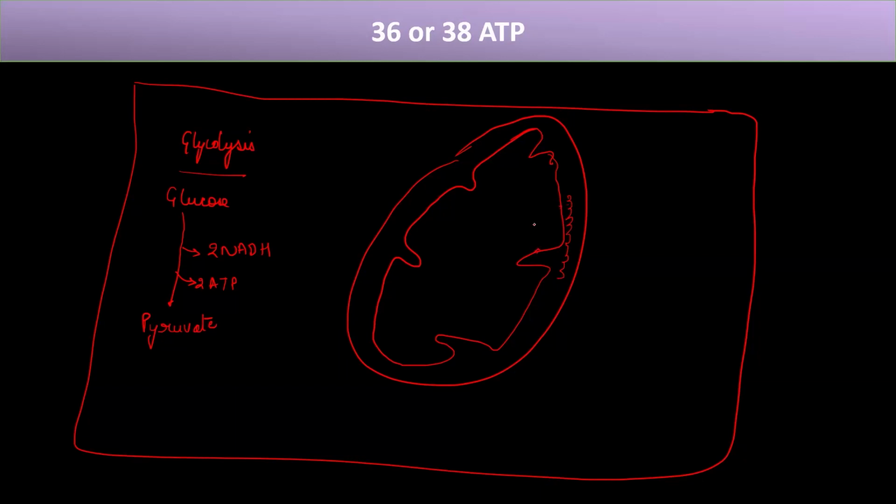Here we have F0, F1 particles. This means that the NADH that is formed should get transported into the mitochondria. Now, the second problem is that mitochondria have 2 membranes. So how would this NADH get passed through these membranes?